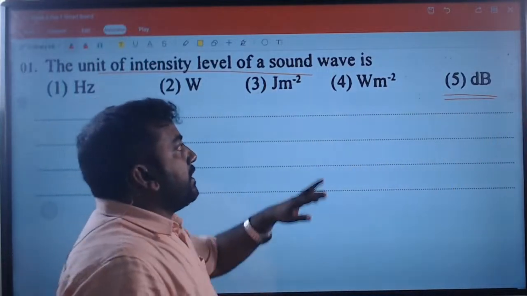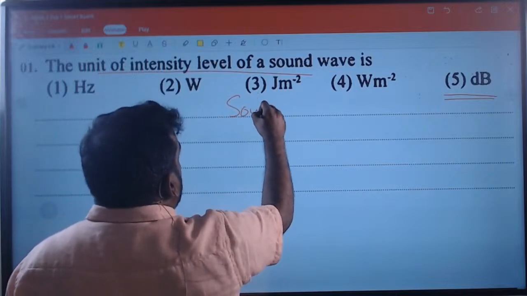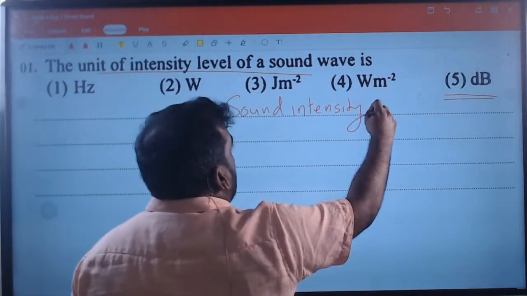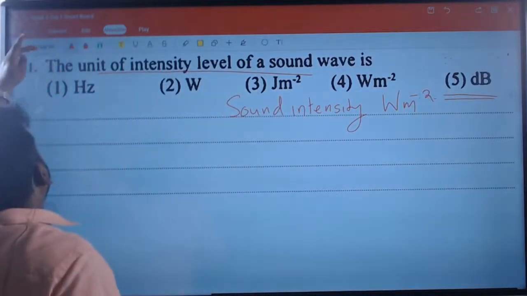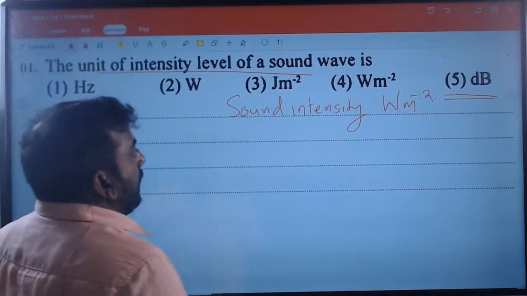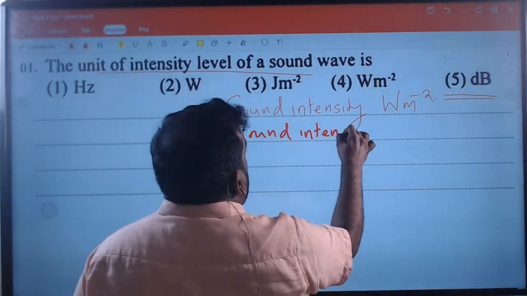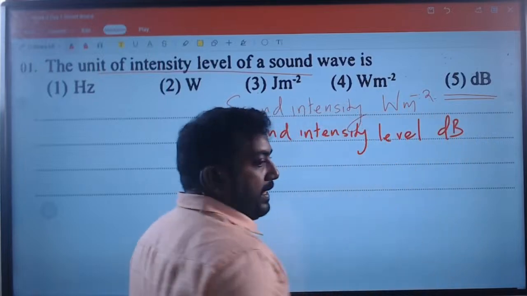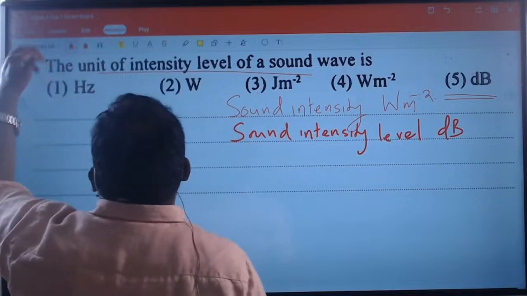Sound intensity is watt per meter square. Sound intensity level is going to be decibel. So our correct answer is answer number 5. I'm sure all of you have got that.